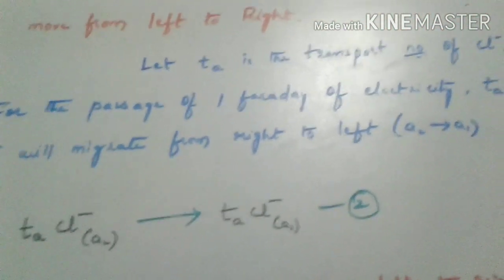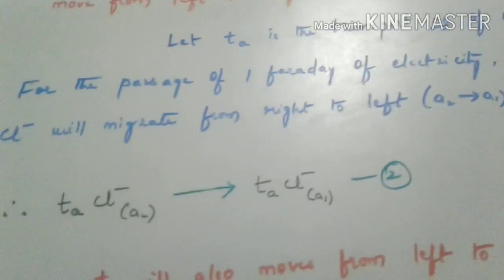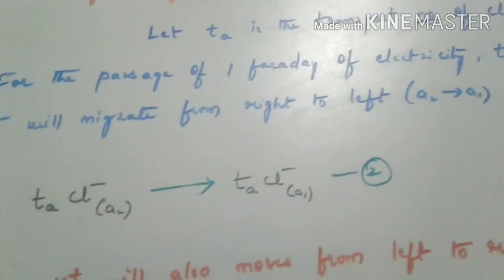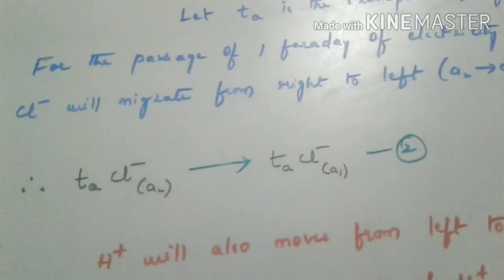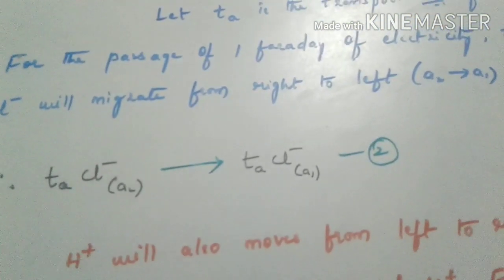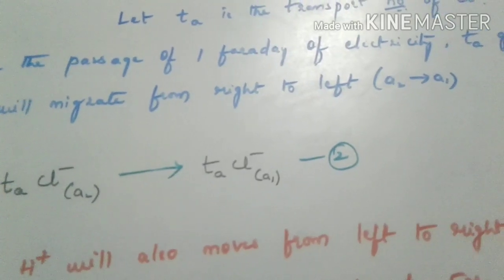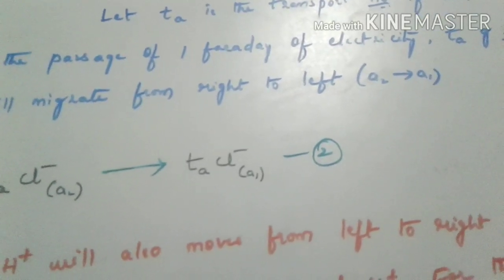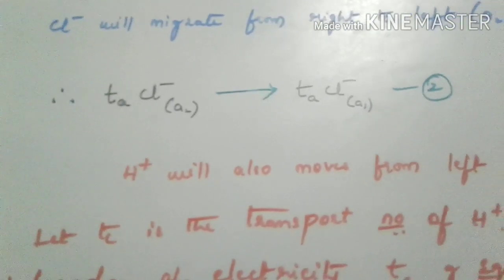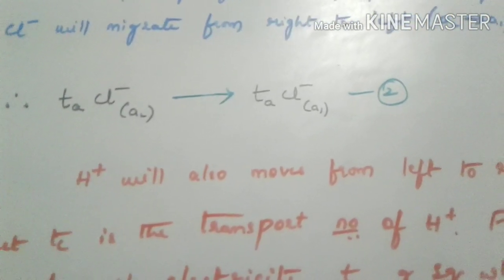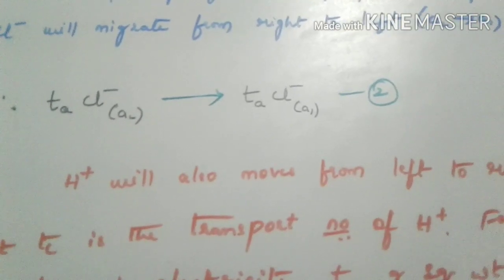Let Ta be the transport number of Cl minus ions. For the passage of 1 Faraday of electricity, Ta gram equivalent weight of Cl minus will migrate from right to left, that is from concentration A2 to concentration A1. Therefore, Ta Cl minus of activity A2 gives rise to Ta Cl minus of activity A1. Let us call it equation 2.